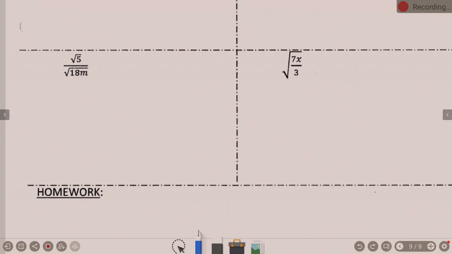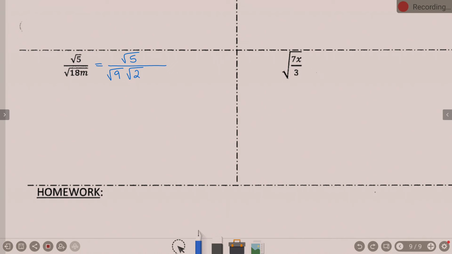So that's what I'm going to do here, we're going to break this up. My numerator is staying square root of 5. Square root of 18 breaks into, what did you say 18 was going to be? 9 times 2. So square root of 9 times square root of 2.